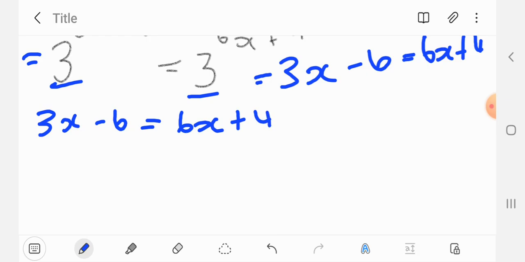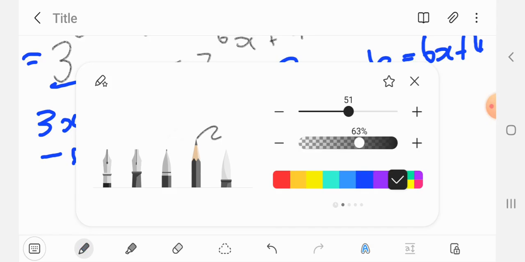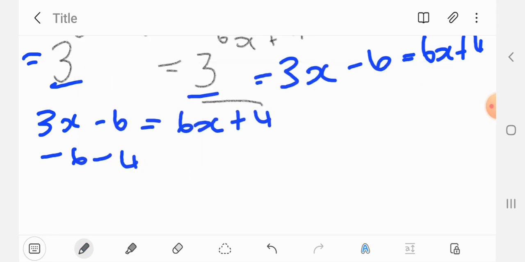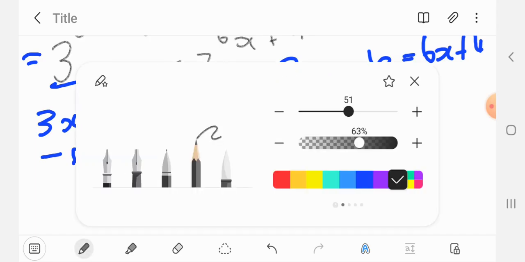So we have 3x here, we need to group like terms. So let's take negative 6 minus 4. What had happened there is that this 4 came this side, so it was positive, now it's negative.